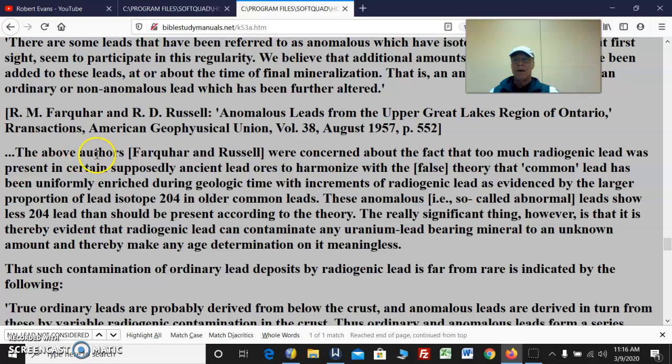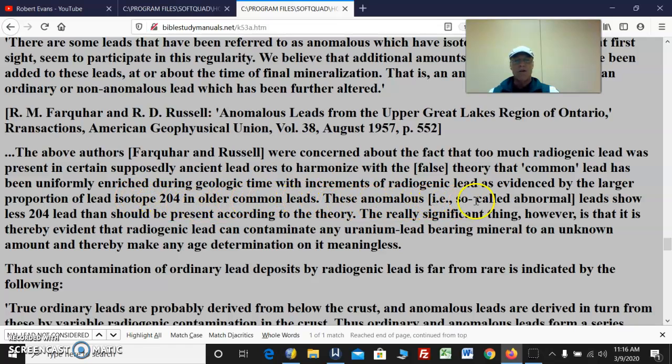years. The above authors, Farquhar and Fussell, were concerned about the fact that too much radiogenic lead was present in certain supposedly ancient lead ores to harmonize with the false theory that common lead has been uniformly enriched during geologic time with increments of radiogenic lead, as experienced by the larger proportion of lead isotope 204 in older common leads.